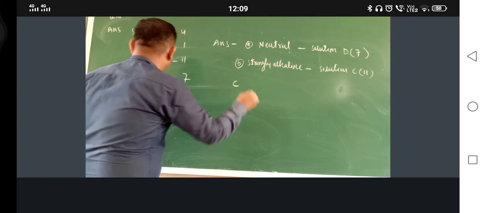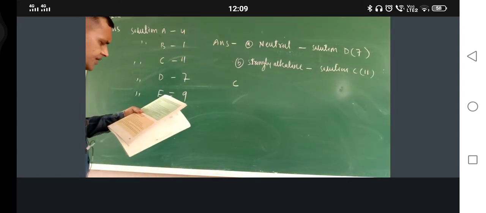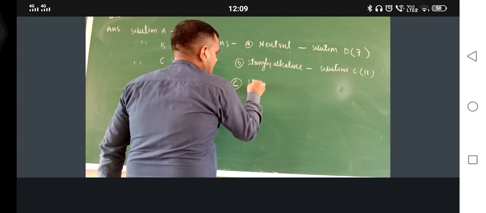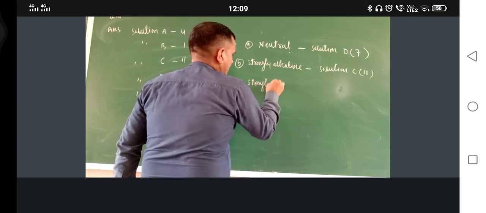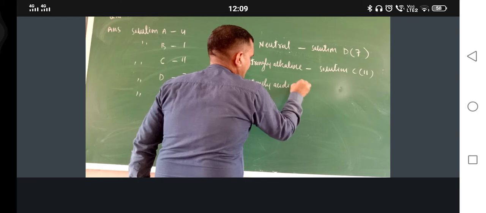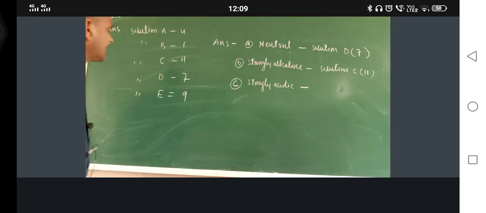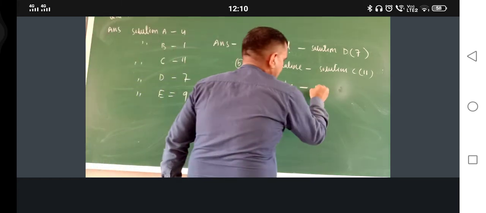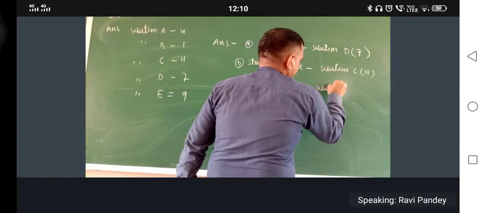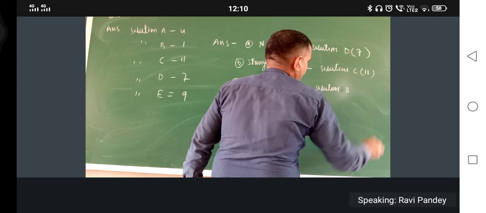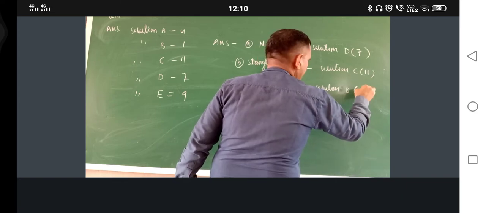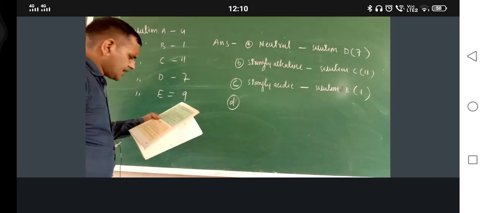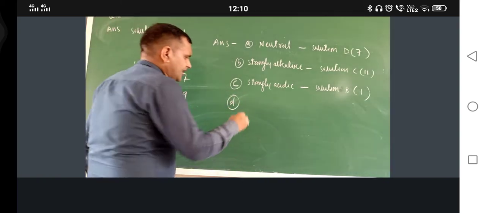Now C number asking strongly acidic. Lesser the pH, stronger will be the acid. So solution B. pH is 1. Okay. D number is asking weakly acidic.